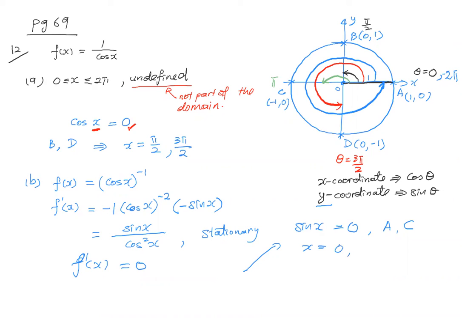Zero, then C will be pi, then back to A again, 2 pi. So you can find the nature of the stationary point by sketching this graph. Please sketch the graph. Okay? So I will continue this question afterward during the next lesson. Clear? Okay, thank you, class.